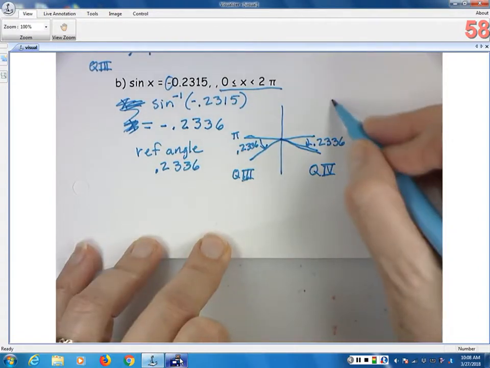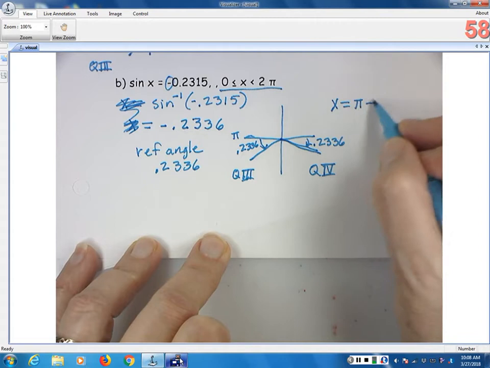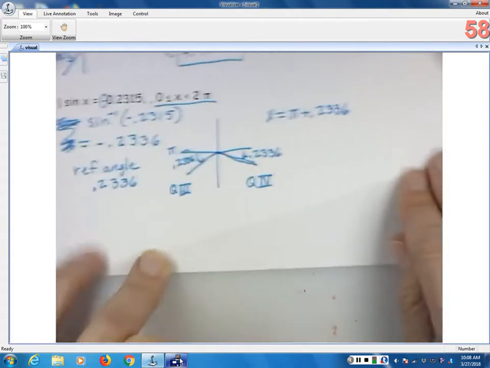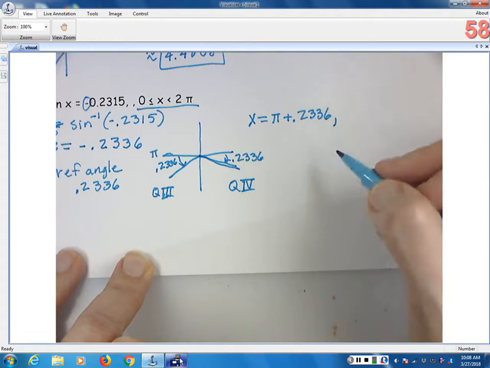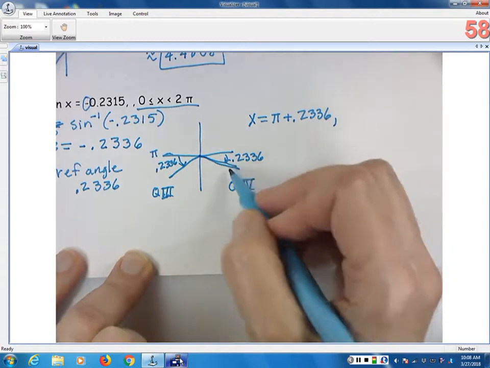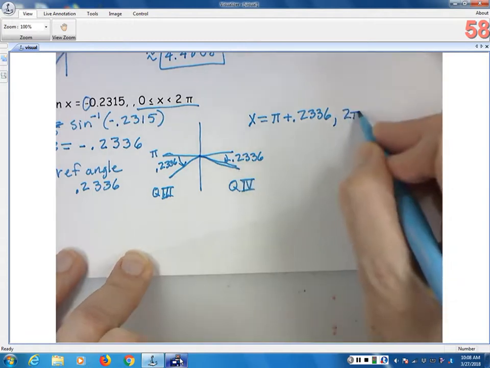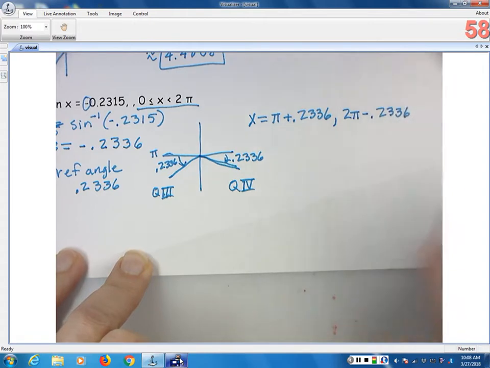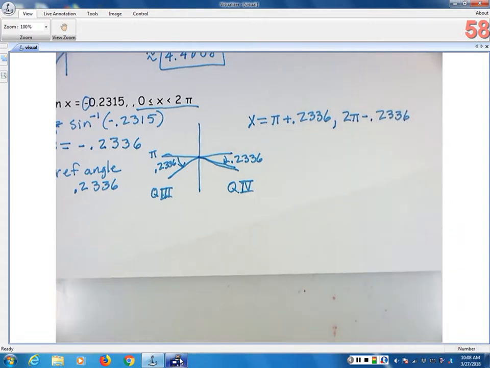So x is going to be pi plus 0.2336. That's one answer. The other answer is going to be 2 pi minus 0.2336 because we want answers between 0 and 2 pi.